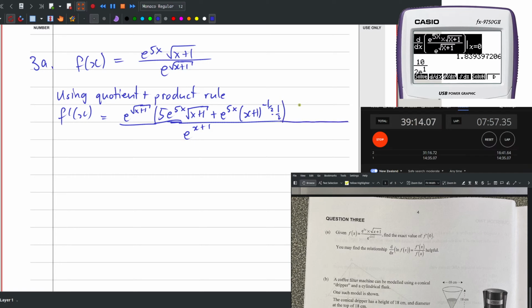Right, and then you do the thing. So 5e to the 5x square root x plus 1 times... Oh, and then you have to apply chain rule or something. Minus, so you keep the e to the 5x square root x plus 1, and then you multiply by g prime, which is the derivative of the square root.